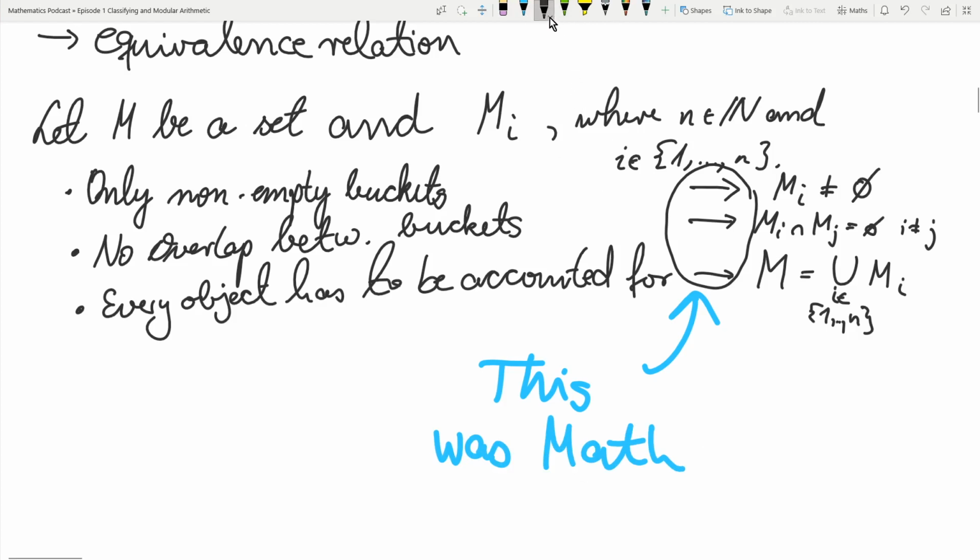All the other things, basically using the formulas, etc., is good, and of course it's part of mathematics, but this is where math happens: in translating between what we have in mind, that we only want non-empty buckets, and what this means in the language of mathematics.